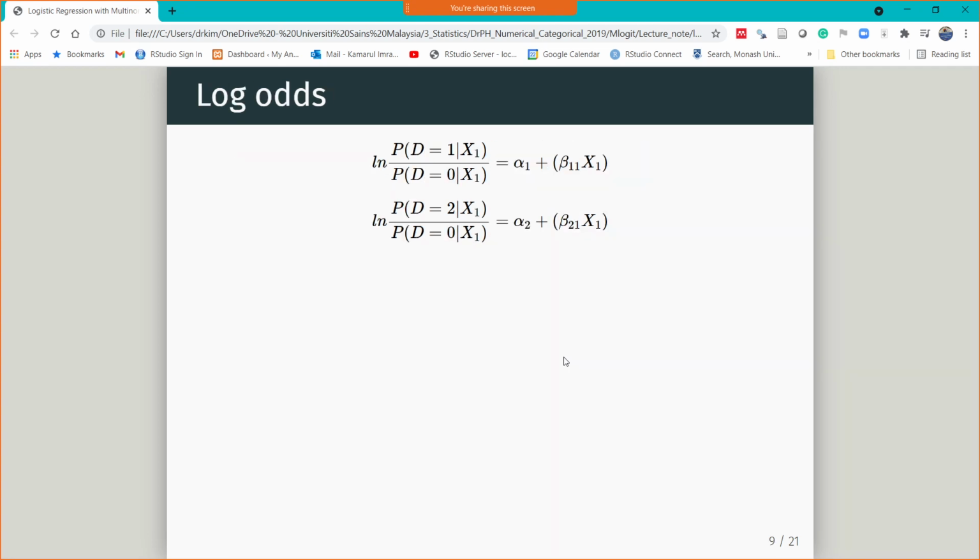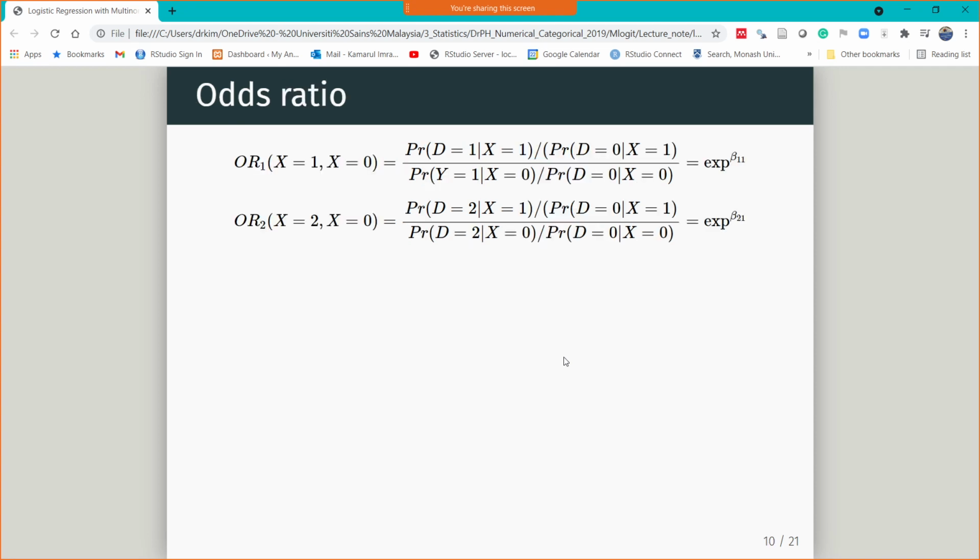And similar to binary logistic regression, you can convert the log odds to an odds ratio. The odds ratio for level 1, where you compare x equals 1 to x equals 0, assuming the independent variable is a categorical variable.